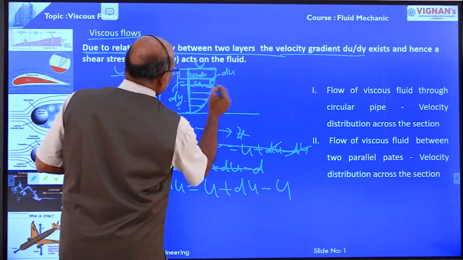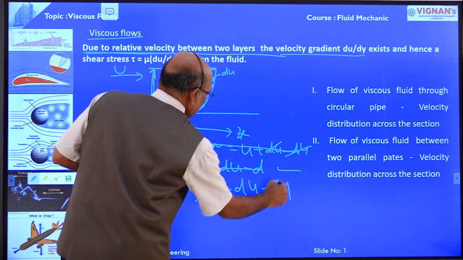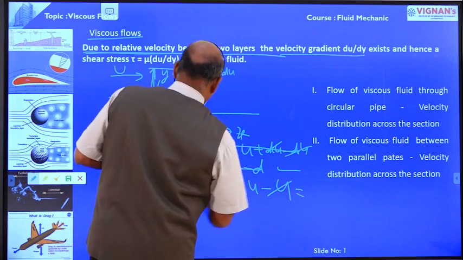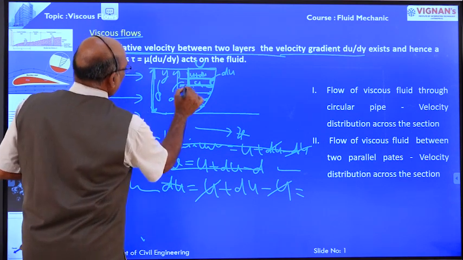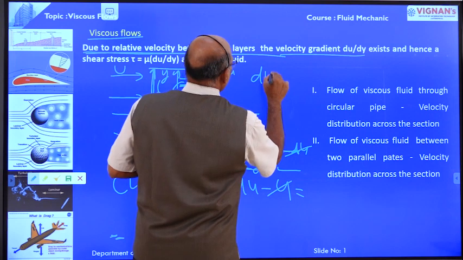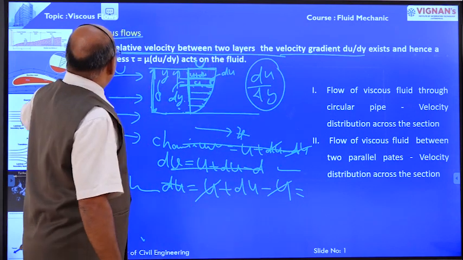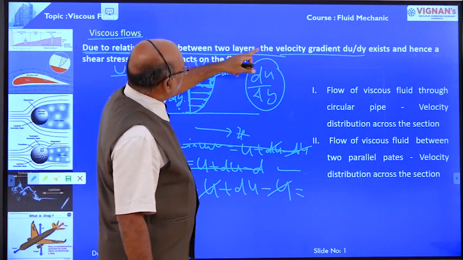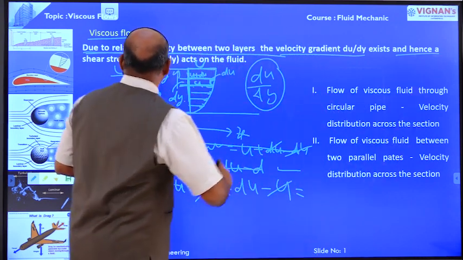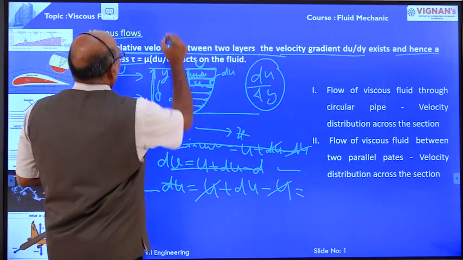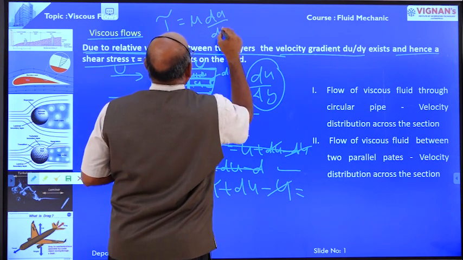The u cancels, so this is equal to du. The change in velocity is du at a depth of dy. Therefore, du by dy exists here. Due to relative velocity between two layers, the velocity gradient exists, and hence shear stress is developed. That is, shear stress is equal to mu into du by dy.